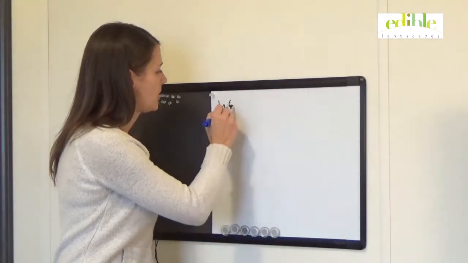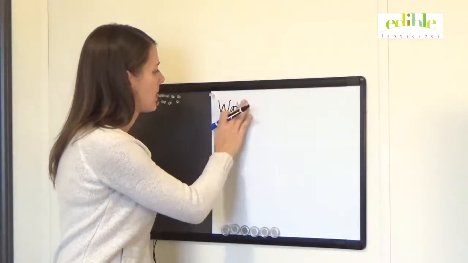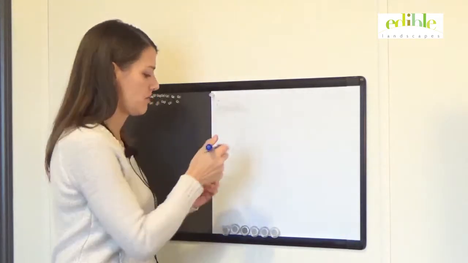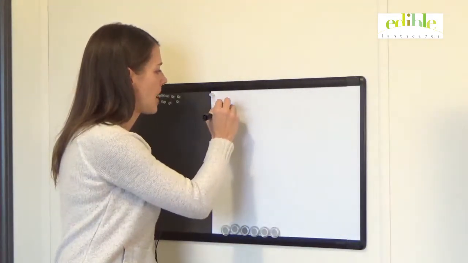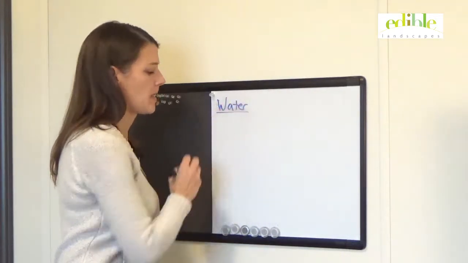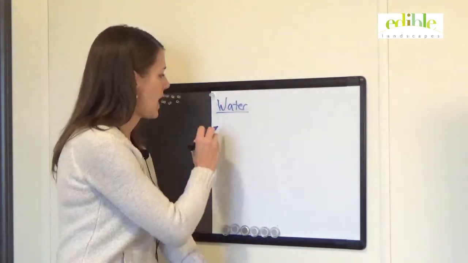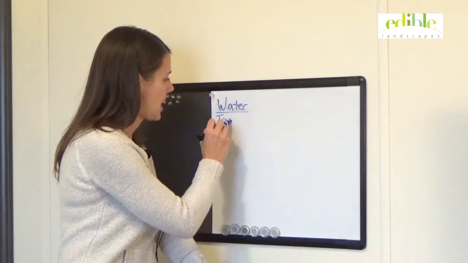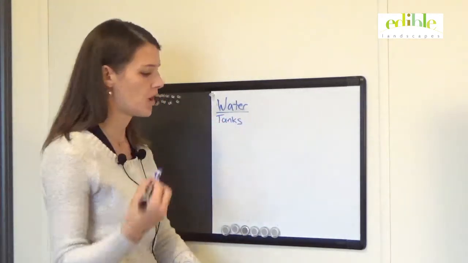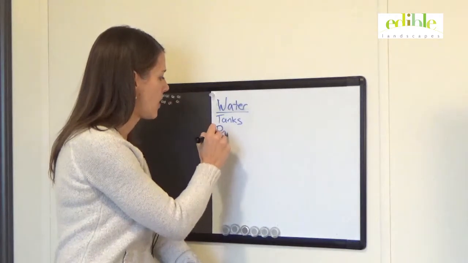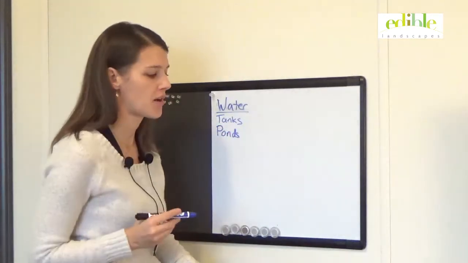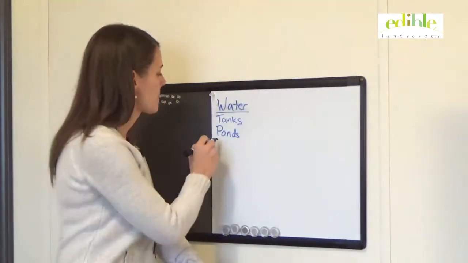So if we look at, I should make this blue actually so that it corresponds a bit better. If we look at the water on our property, perhaps we have tanks for rainwater, for irrigation purposes. We might have some ponds on our property for holding water.